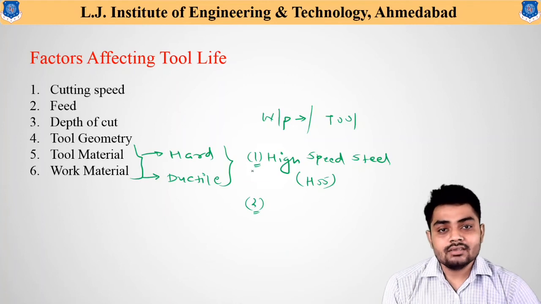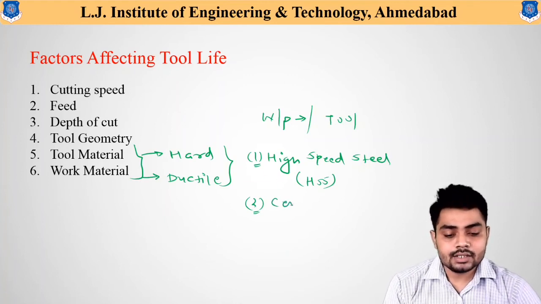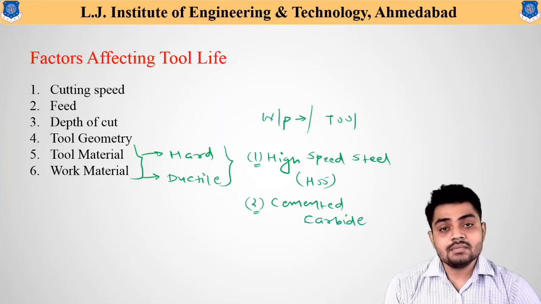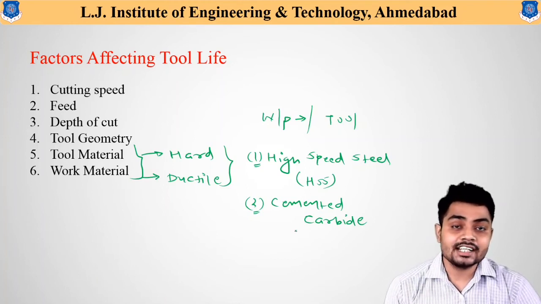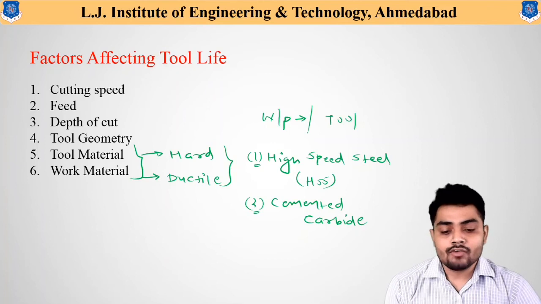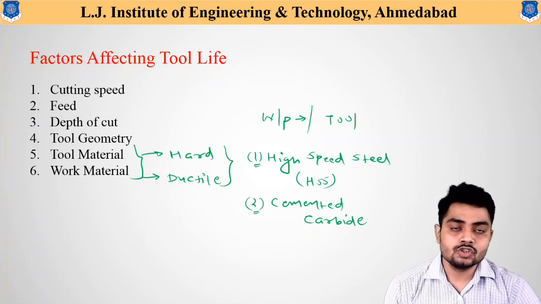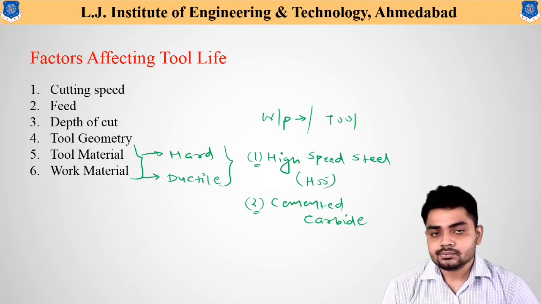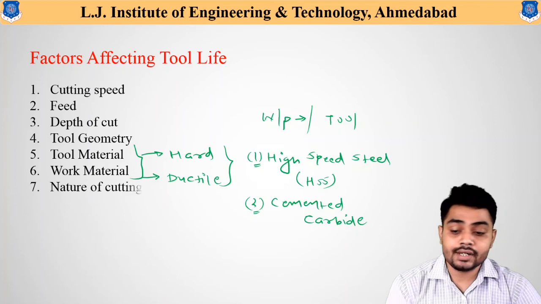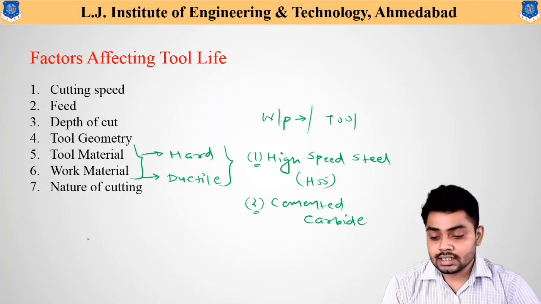Now the second one is the cemented carbide tool, and this cemented carbide tool is mostly used to remove the material from very hard and brittle workpieces, whereas high speed steel is useful to remove the material from ductile workpieces, which is very easy to perform the operation. So other than this, the next factor is the nature of cutting.